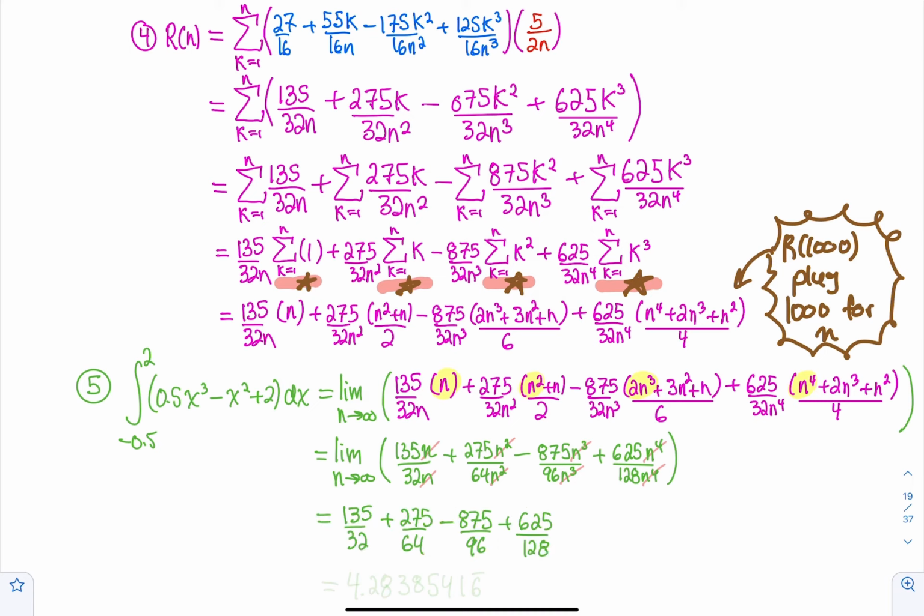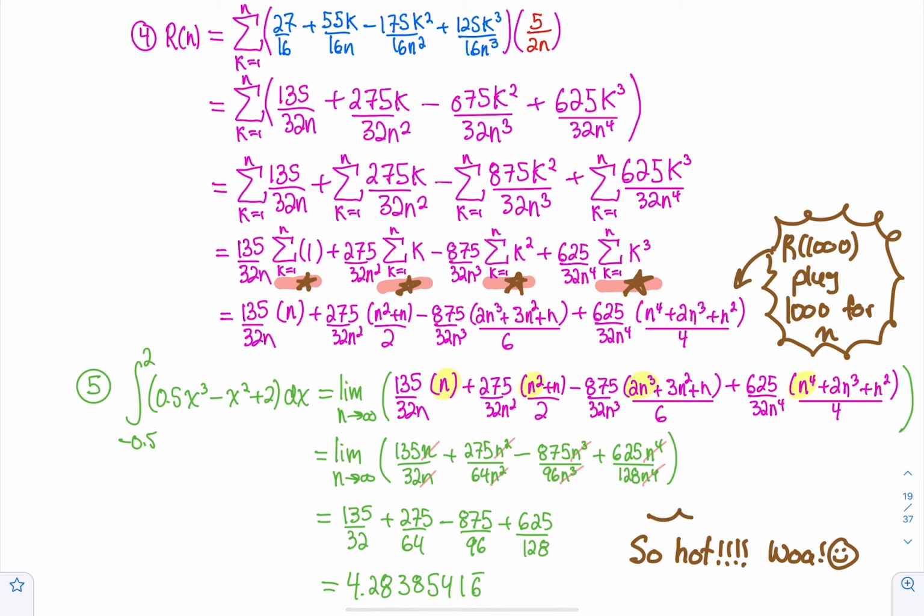So this limit is equal to 135 over 32 plus 275 over 64 minus 875 over 96 plus 625 over 128. And this simplifies using decimal values to 4.2838..., etc. It's a good exercise to compare this exact value with the approximations that we've done before.